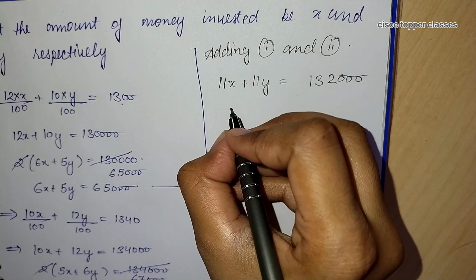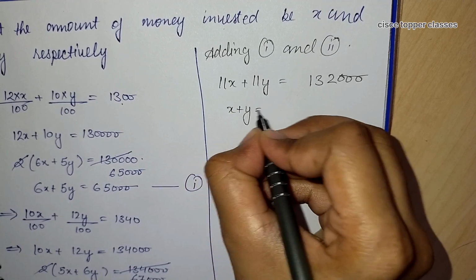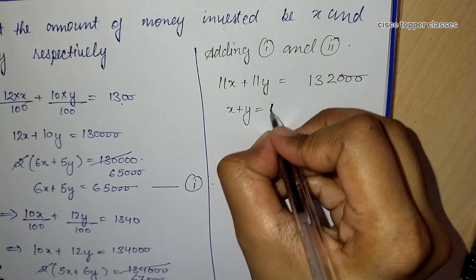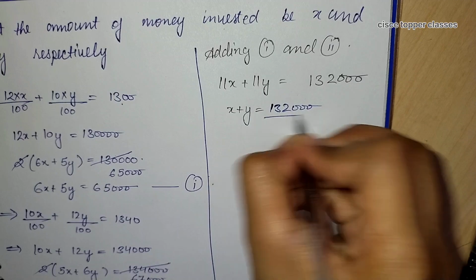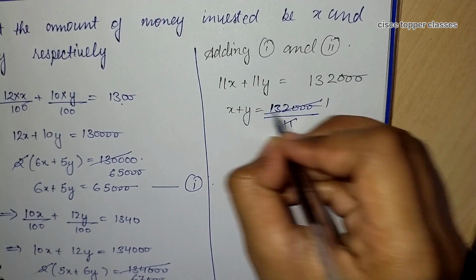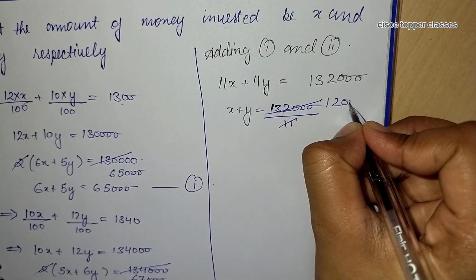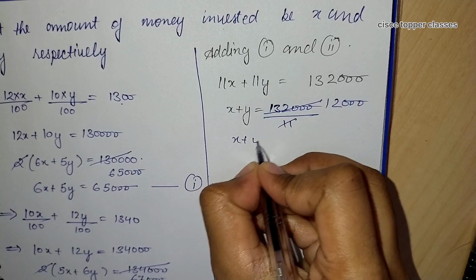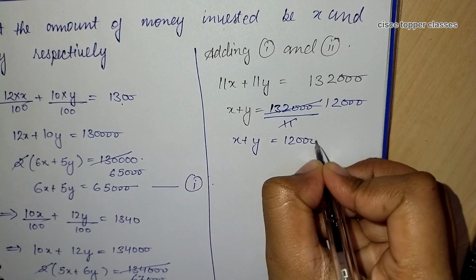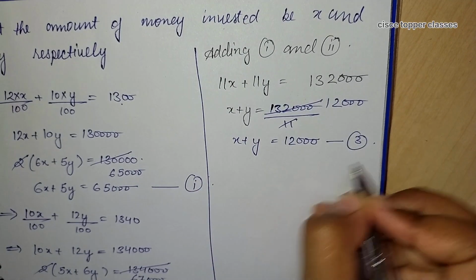So this will be the answer. We will take 11 common from here and divide this number with 11. On dividing it, we will get 12,000. So x plus y is equal to 12,000. Let it be the third equation here.